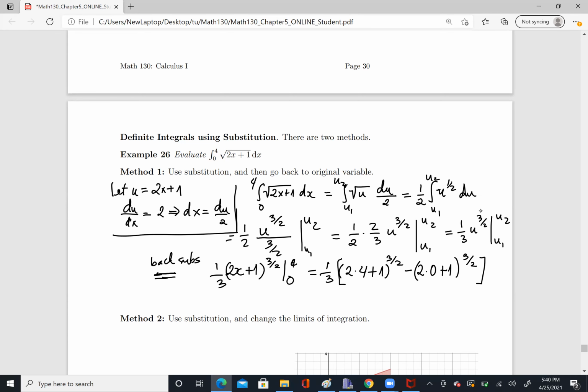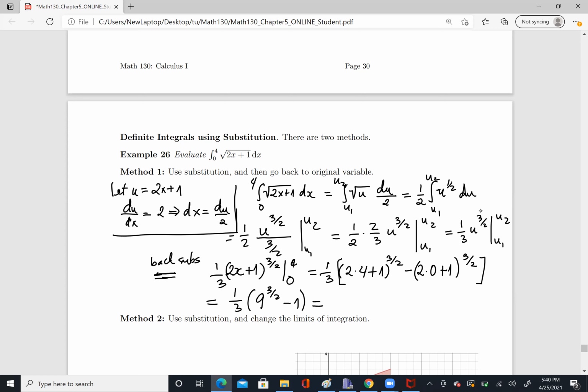So then you will have 1/3 multiplied by 9 to the power 3/2 minus 1, because 1 to the power 3/2 is just 1.